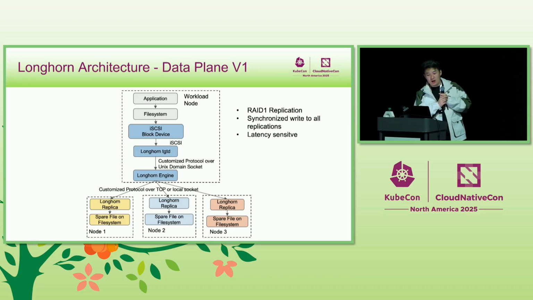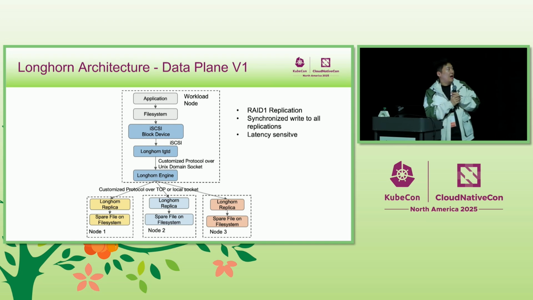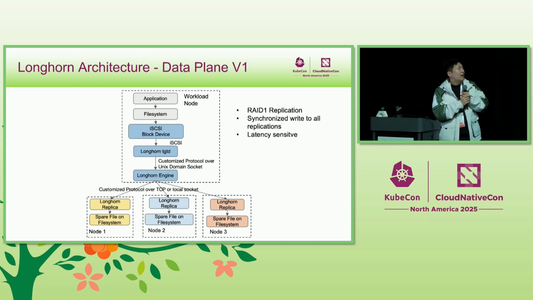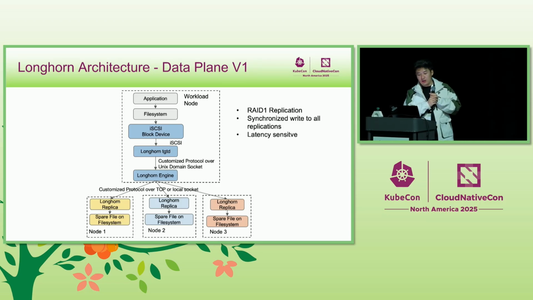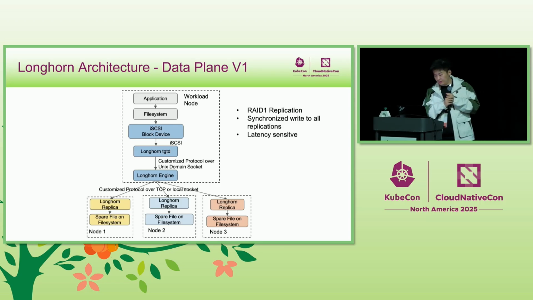Then the IOs from the application or from the file system will be forwarded to this block device, which is actually an iSCSI initiator provisioned by Longhorn. Then all IO requests will be forwarded from this block device to Longhorn TGT, then to the underlying Longhorn engine via the customized protocol.